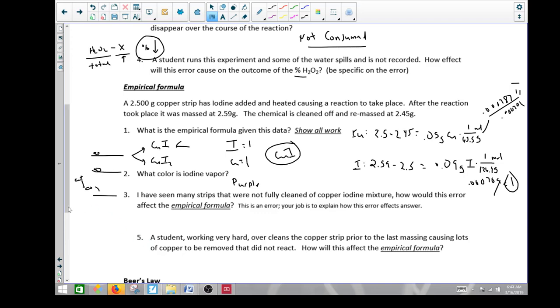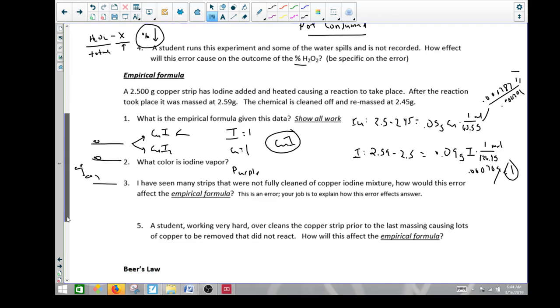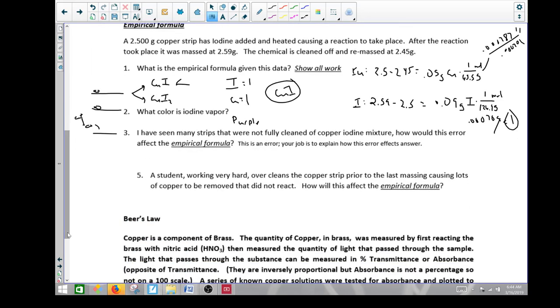Okay, so let's look at an error and see how it's going to affect it. Really, there's only 2 things that can be affected. We're going to weigh this thing. Well, the first weight is unaffected. The second weight is the 2.59, and the third weight was the 2.45.